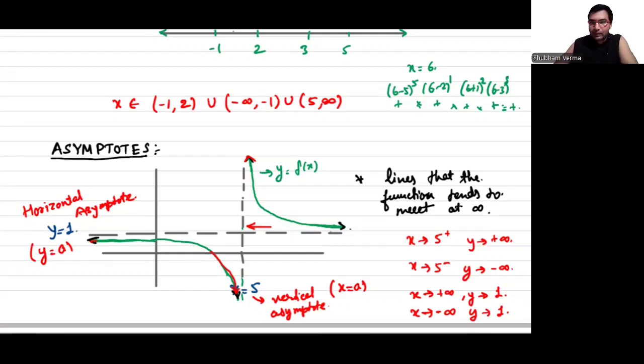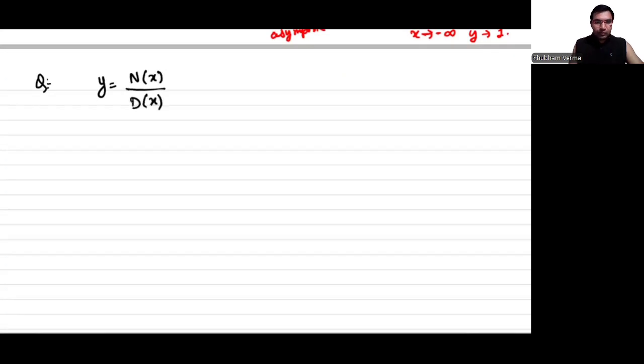Now, how do we find the equation of these asymptotes? Let's take an example and then learn how to exactly find them. Let's suppose we have a rational function, which is defined as numerator over denominator, some polynomial functions.